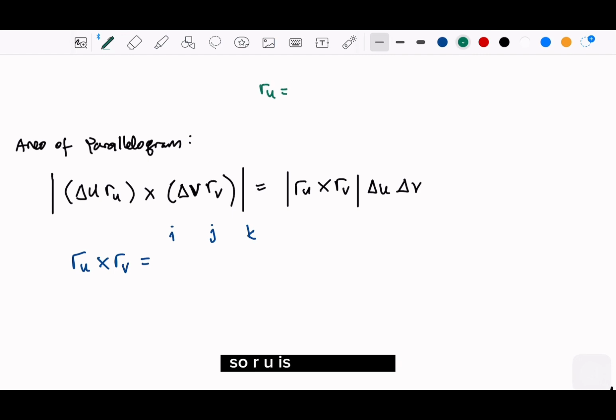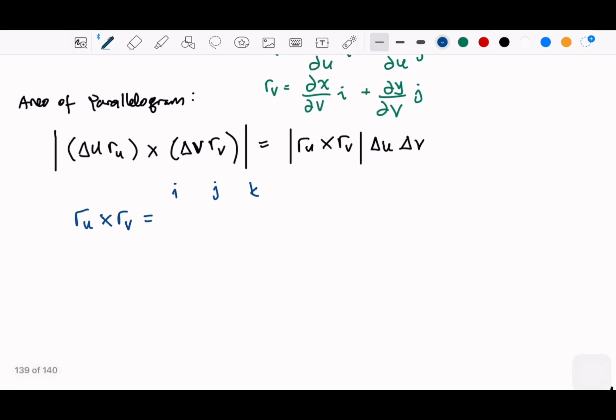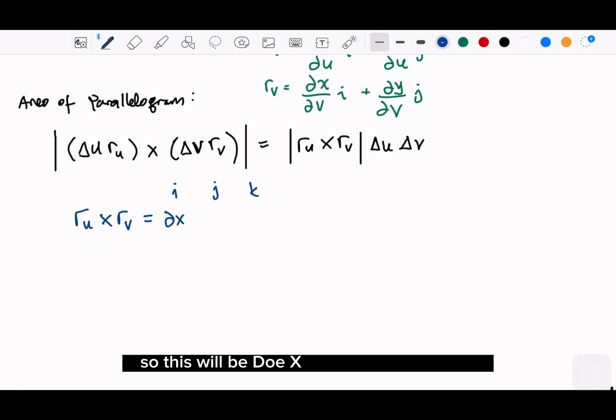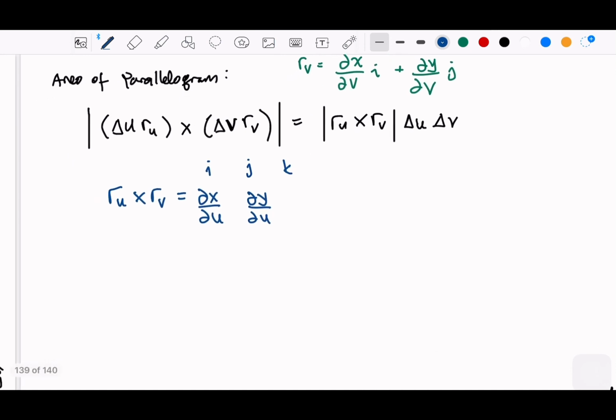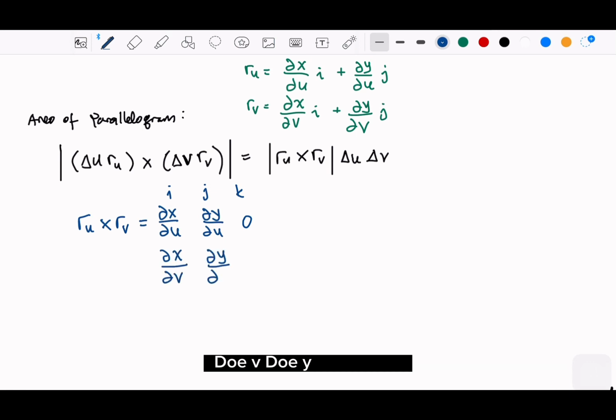So r_u is ∂x/∂u i plus ∂y/∂u j, and r_v is similar, but with v. So this will be ∂x/∂u, ∂y/∂u, 0, and ∂x/∂v, ∂y/∂v, 0.